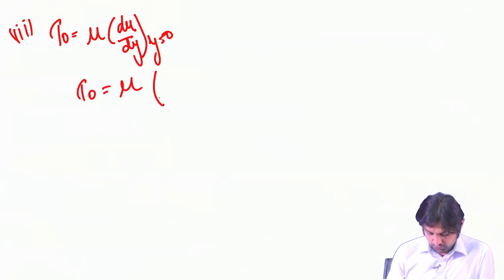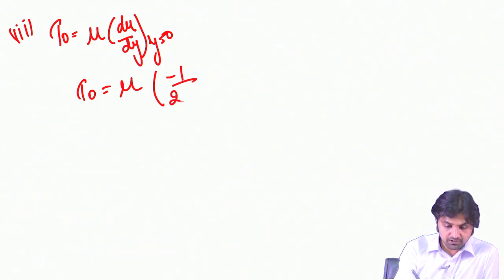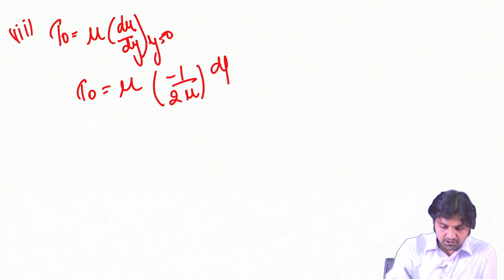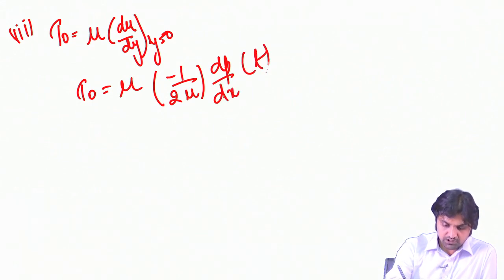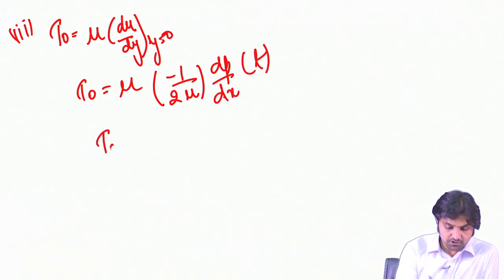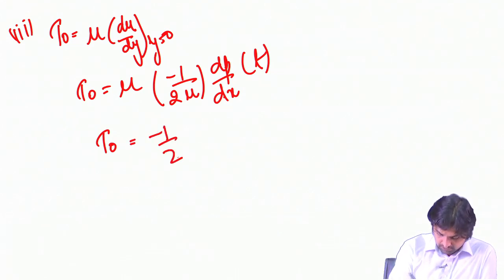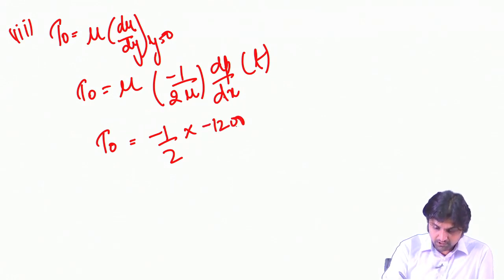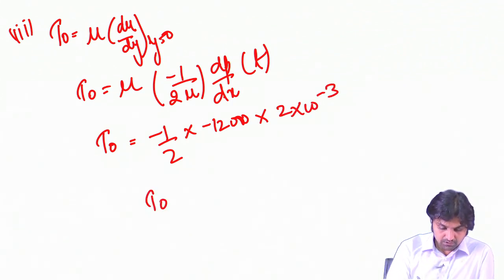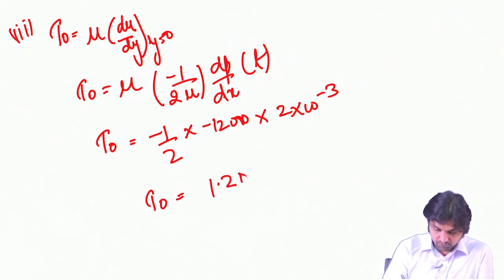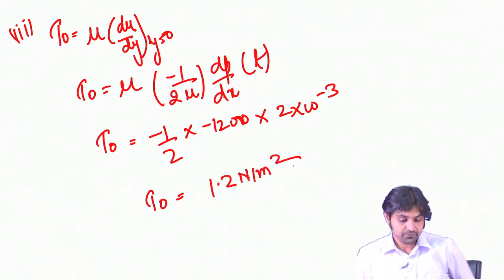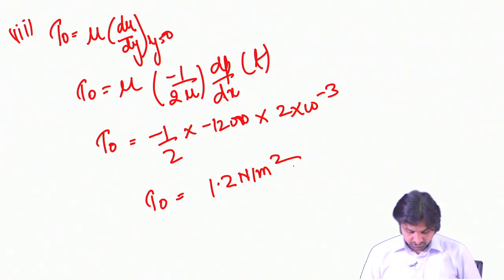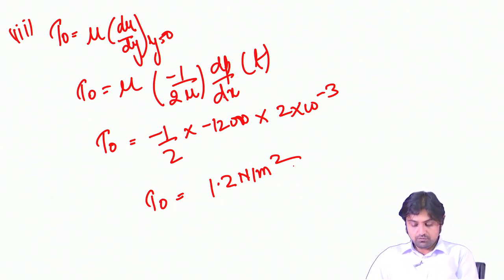We know u, so we can differentiate that and obtain minus 1 by 2 mu dP dx into T. Substituting the values, it is minus 1 by 2 into minus 1200 into 2 into 10 to the power minus 3. So tau naught is going to be 1.2 Newton per meter square. This is the solution to question number 4, the third part.